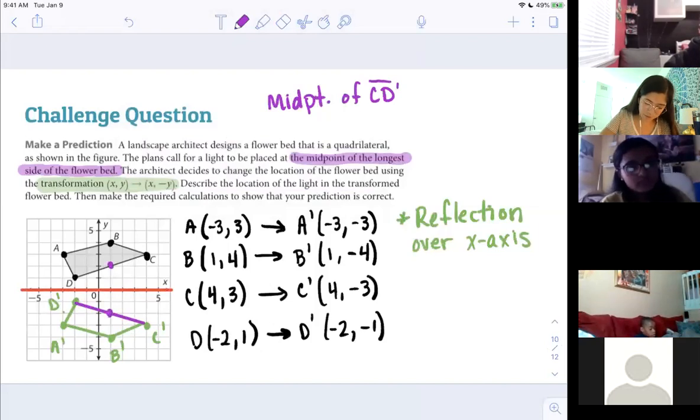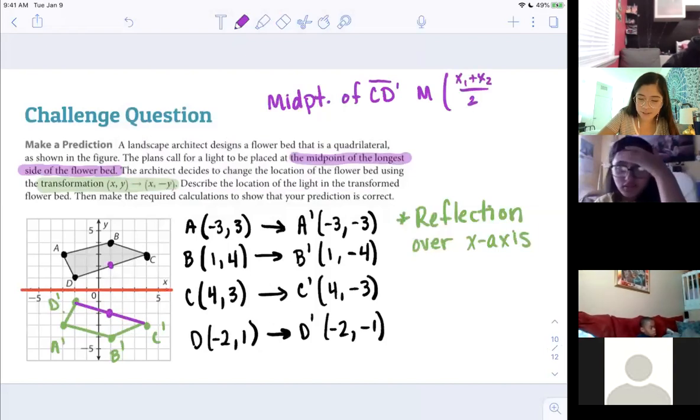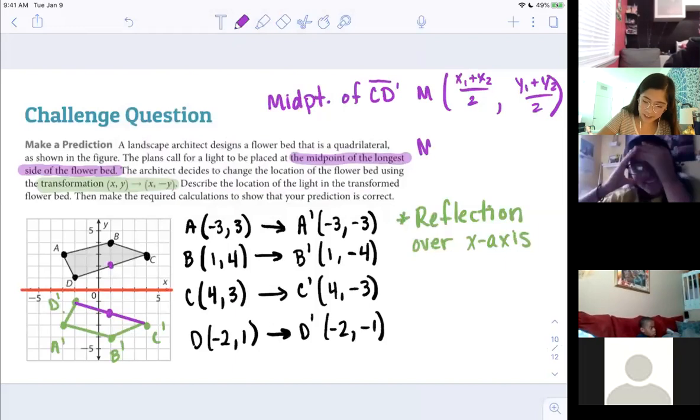Okay. So using just your eyes, you were able to see that, right? But I need to check using math now because I'm annoying. It's x1 plus x2 over 2, y1 plus y2 over 2. I know, y'all hate me right now, but I'm going to plow right through. C and D prime, we already have these points.